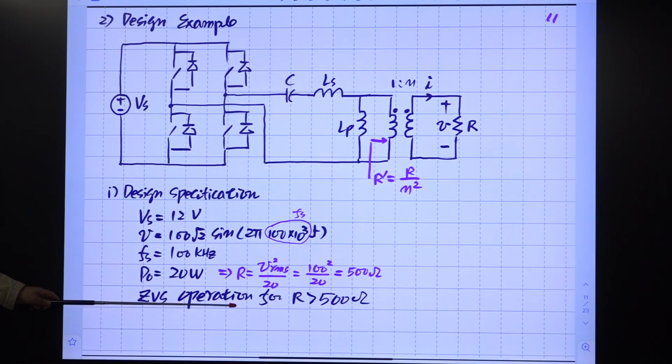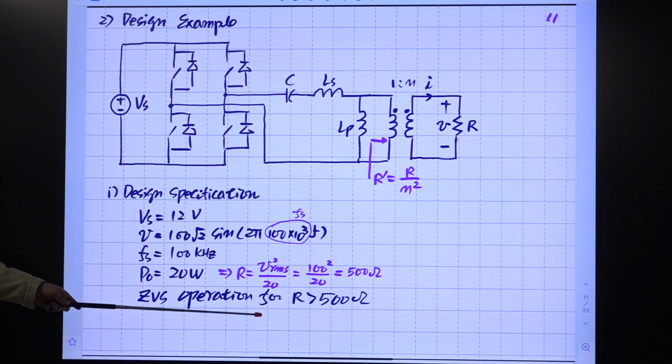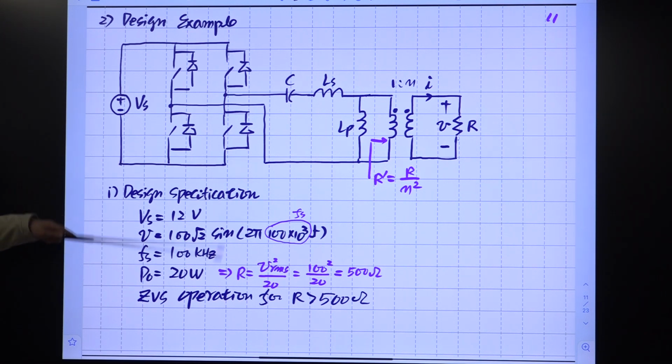One example: I want this GCF operation guaranteed for R larger than 500 ohm. That is an example of a specification, or maybe it can be your own specification. Otherwise, it is impossible to determine all 4 components.